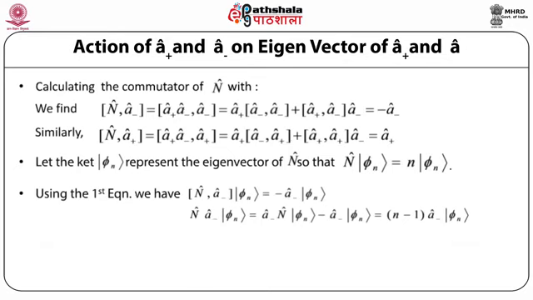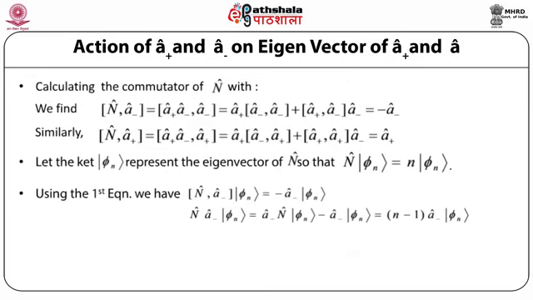Now, if we solve the left hand side of the above equation, we see that after rearrangement of terms, the number operator times the lowering operator acting on the eigenvector phi n is equal to the lowering operator acting on the number operator acting on the eigenvector phi n minus the lowering operator a minus acting on the eigenvector phi n.